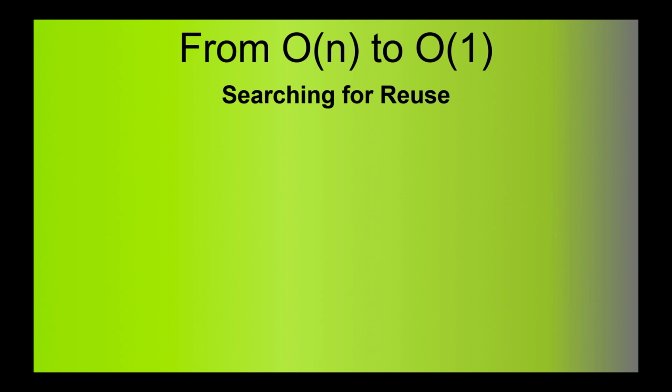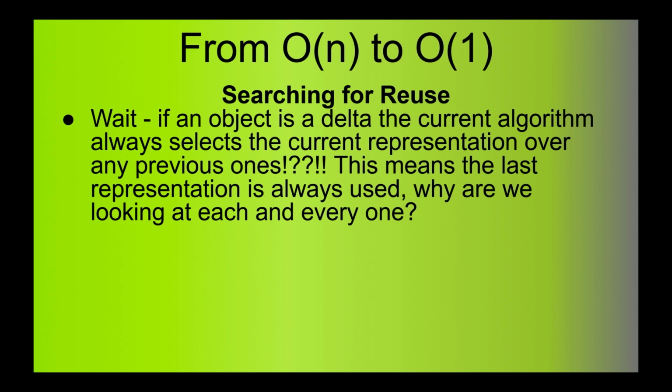Searching for the packs goes down from O(N) to O(1). Basically, what I realized is the current algorithm for searching through the packs was really pretty dumb, because it always picked the last one. It didn't actually have any smarts, unless it was a whole object representation, then it picked the smallest one.